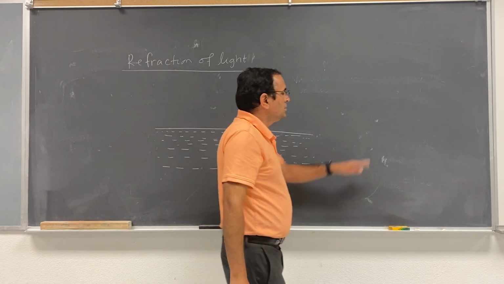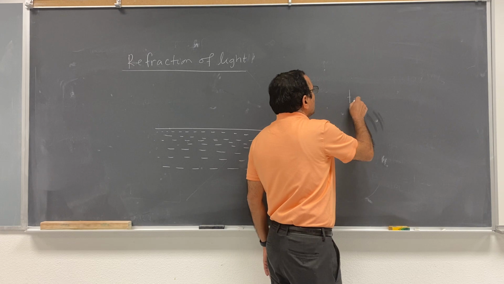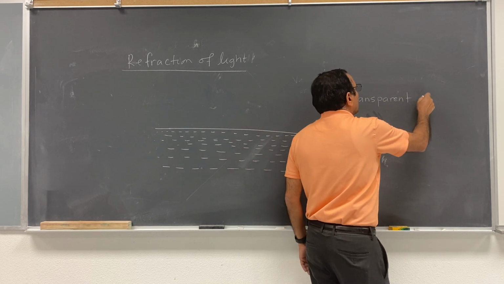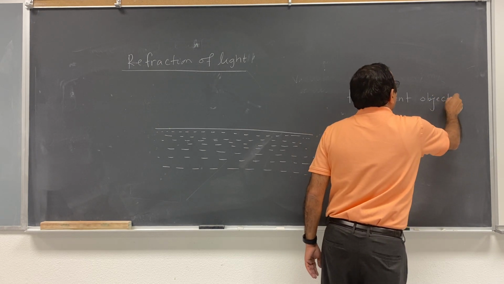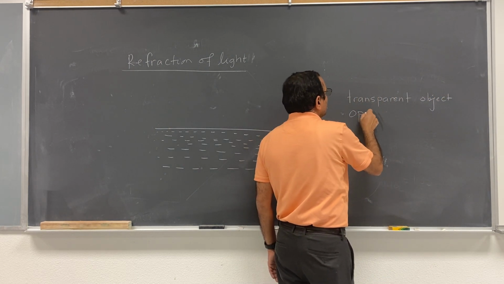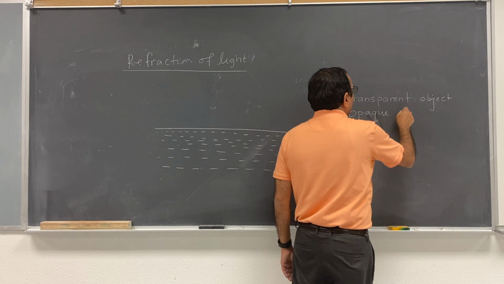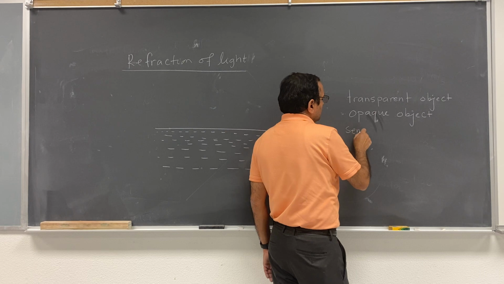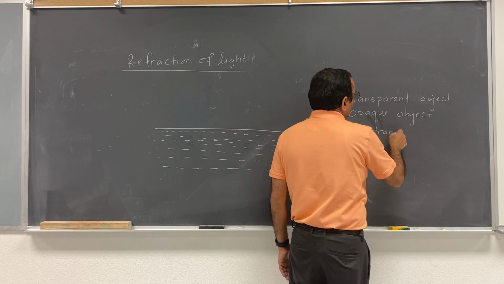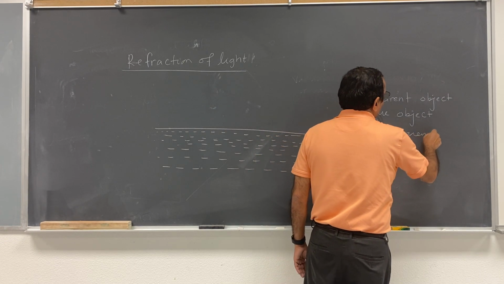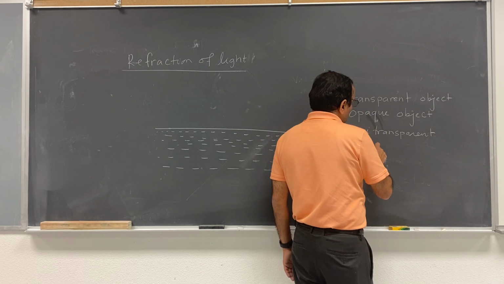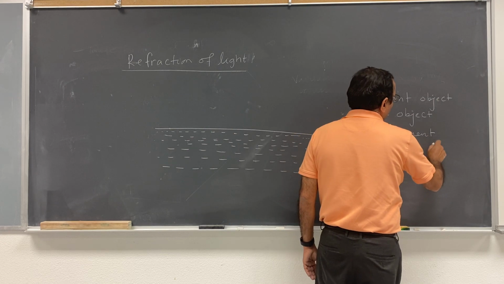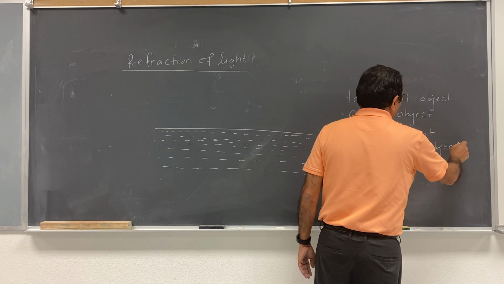We have different types of objects: transparent objects, opaque objects, and semi-transparent or translucent objects.